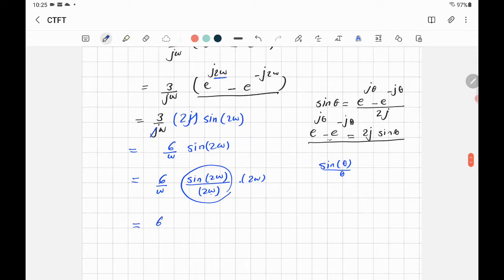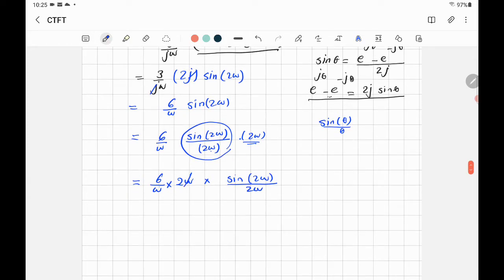So you have 6 over omega times 2 omega times sine 2 omega over 2 omega. Omega cancels, and you will have 2 times 6 is equal to 12. So you have 12 times sine 2 omega over 2 omega.